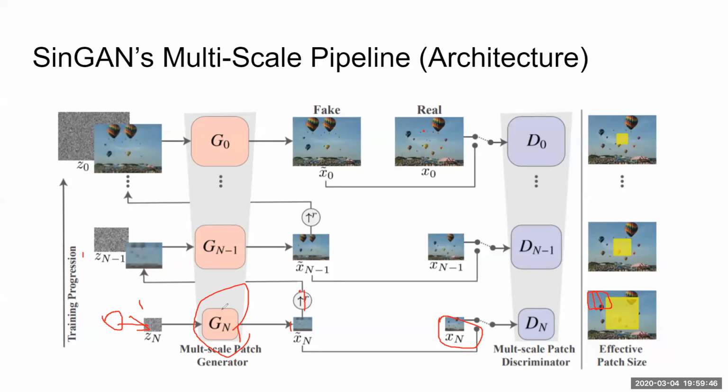One more thing to note: when this is trained, the weights are transferred to the level above, so that it can continue learning from the previous one. It's like transfer learning, and it makes minor changes as it learns.